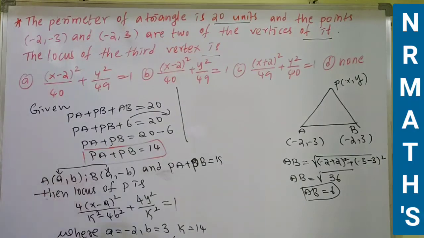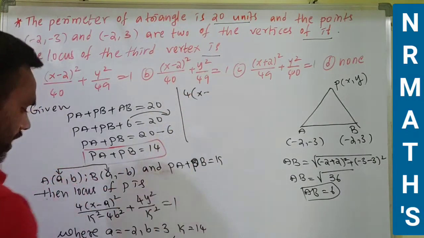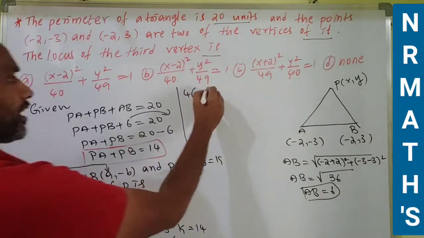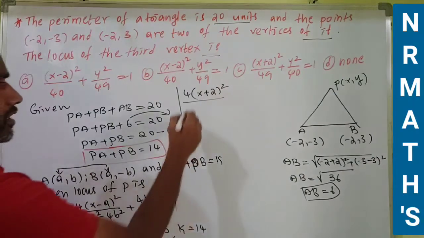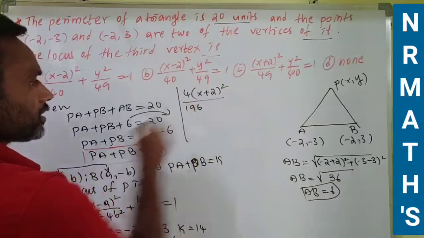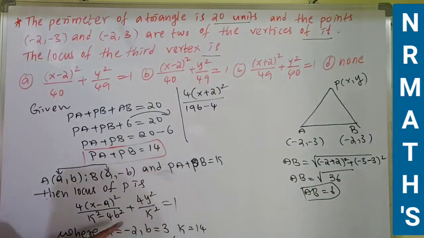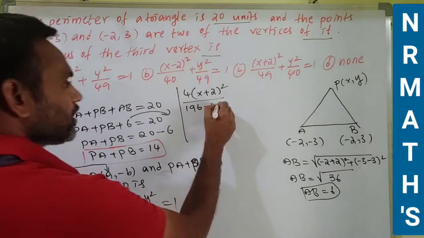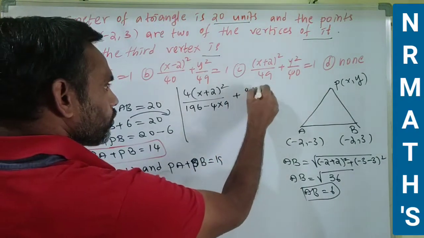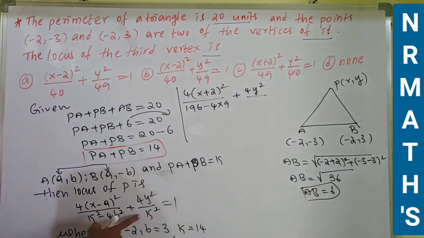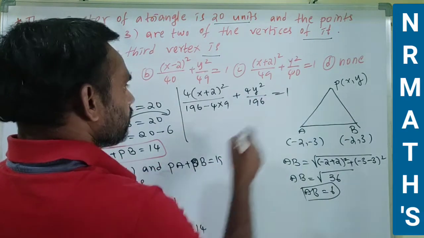Now substitute: 4(x minus a), a is -2, so (x plus 2) whole square, by denominator k square, which is 14 square, the answer is 196, minus 4 into b square, b is 3, 3 square means 9, plus 4y square by denominator k square, 14 square is 196, is equal to 1.